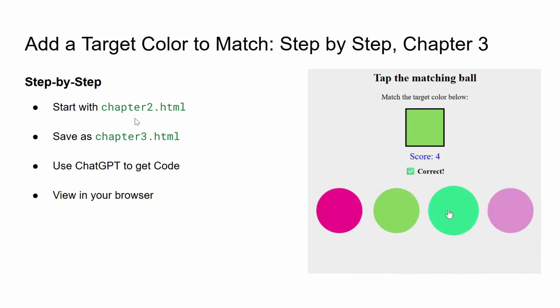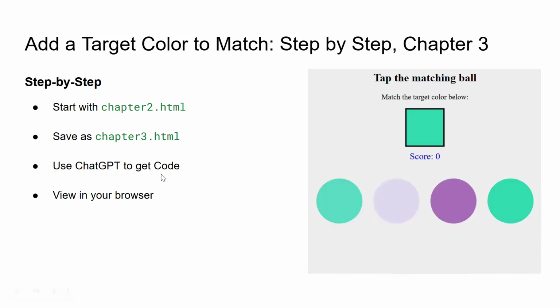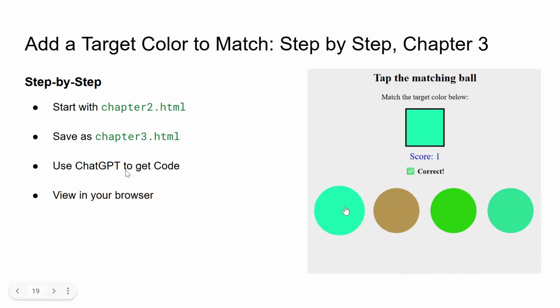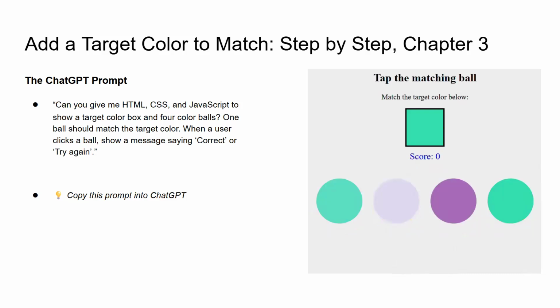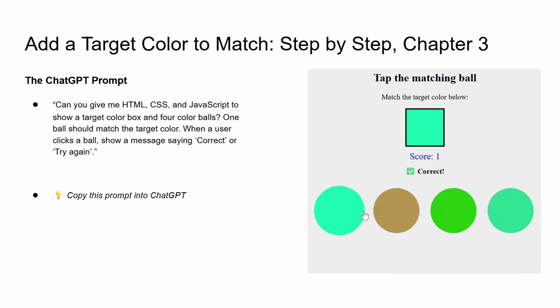So you can have the previous HTML file and save it as a new file, or just keep everything online. That would be the same. We're going to use our prompt again to get the code and view it in the browser. Our prompt is this: we want to ask ChatGPT to give us HTML, CSS, and JavaScript to show the target.